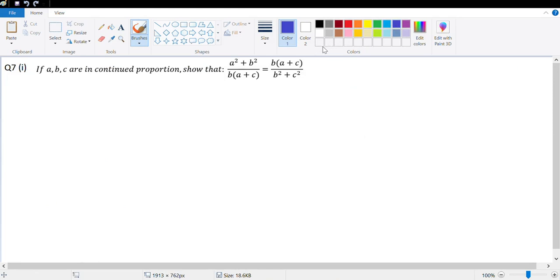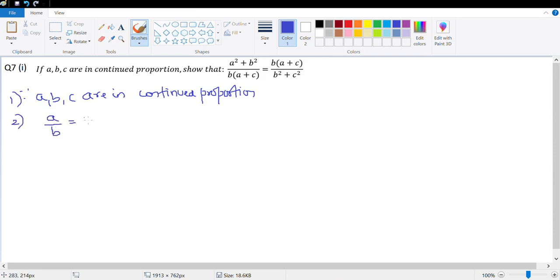It says if A, B, C are in continuous proportion, show that A square plus B square. So that's what we need to prove. Now, I hope you remember the K method that I talked about. Let's go ahead and look at the K method. Since A, B, C are in continued proportion, what we get is A upon B is equal to B upon C. That's given.